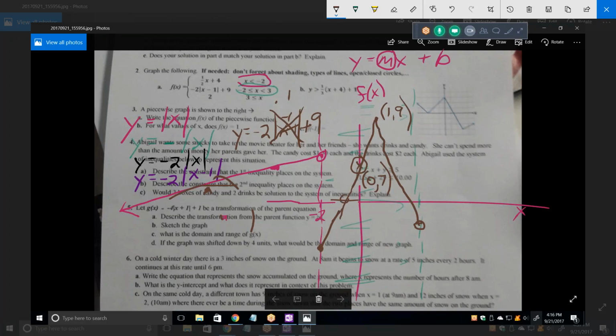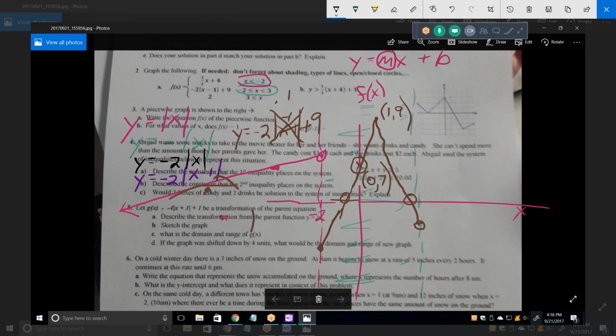I didn't find the x-intercepts because that's a little harder. I've got to set y equal to 0 and solve that equation. Let's not do that at the moment. That's a lengthy procedure, and we're moving slow enough as it is.